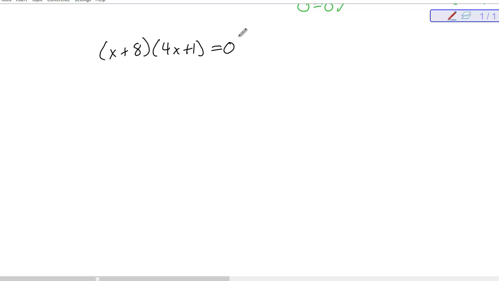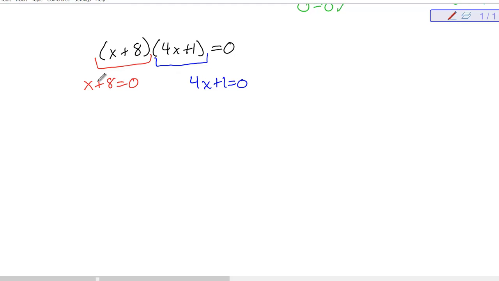Yes, it is. So if it's already factored for us, I'm going to set each factor equal to 0. I'm going to set x plus 8 equal to 0, and I'm going to set 4x plus 1 also equal to 0. And I'm going to solve these two equations separately.